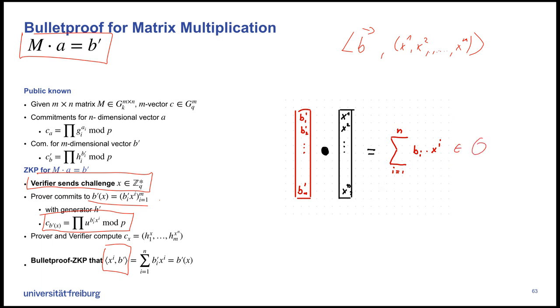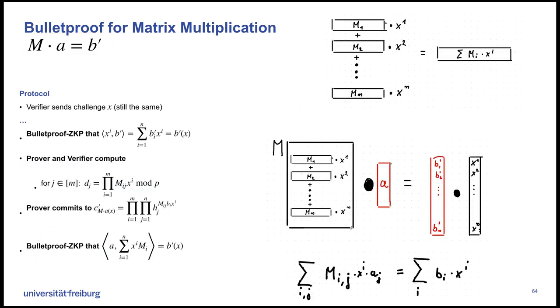This is an element of G_q. So that this value is representing the polynomial at the random position chosen by the verifier. So the right side is now one value. And later on, this is not a verifier sending the challenge, it will be a hash function with a predetermined value that we have to use.